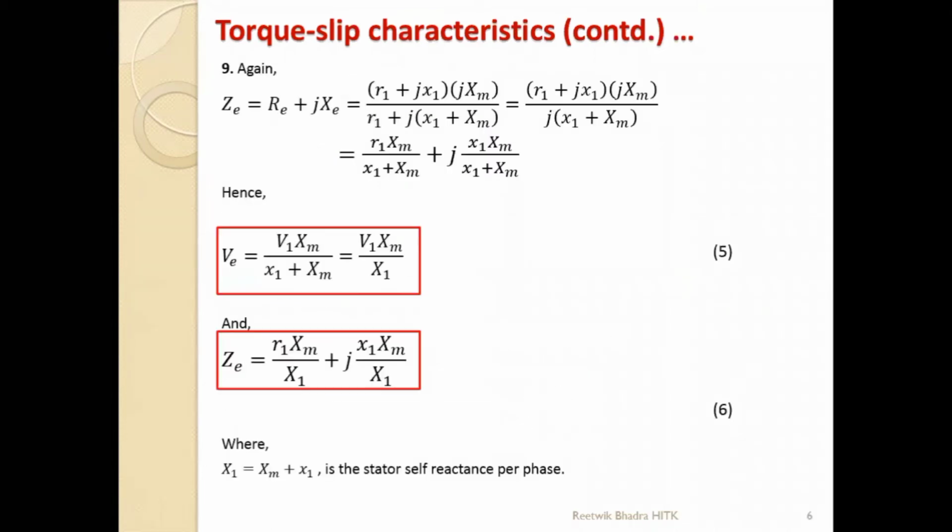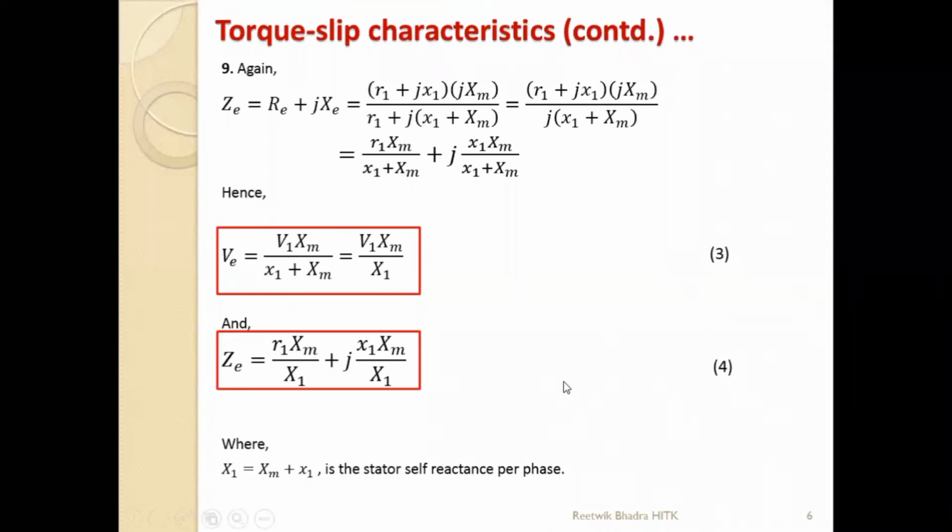Okay. Next, since we are studying torque slip characteristics, we have to find out the torque. Now we had derived the equation for torque also. If you recall the equation, torque is equal to power by omega s. So power was I square R. So if I square has to be found out, we have to find out the impedance also.